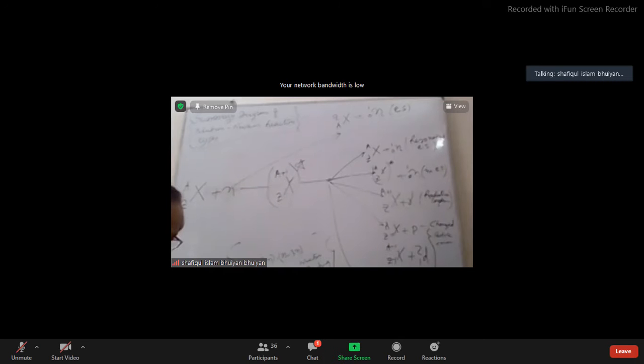Usually this reaction gives beryllium 9 plus gamma. We are using these reactions due to gamma: gamma is coming, and we get beryllium 8.